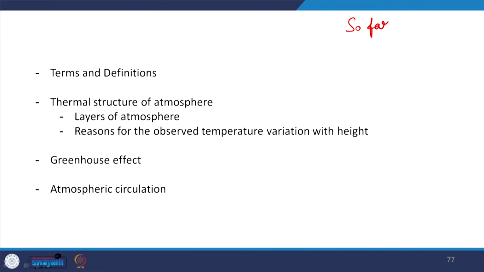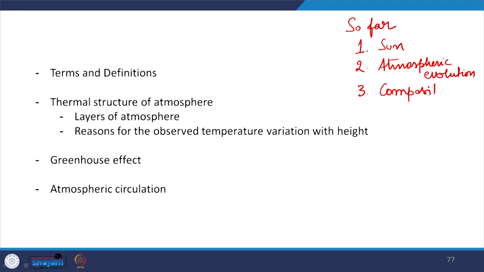So, if you recall, in our discussions so far, we have seen aspects related to the sun, then we have seen aspects related to the atmospheric evolution, then we have seen details about the composition of atmosphere, right.